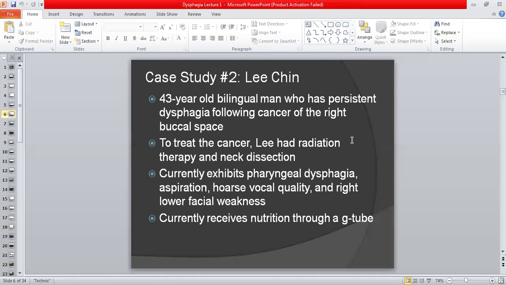Now, there is one more important thing. To treat the cancer, Lee had radiation therapy and neck dissection. Now, not only the cancer has to be removed somehow. So they did it, and now he has to go for radiations. Now, radiation itself has its own issues. So it might affect your taste buds. It certainly affects your hair.